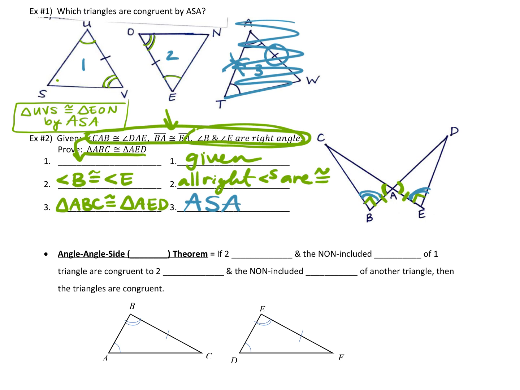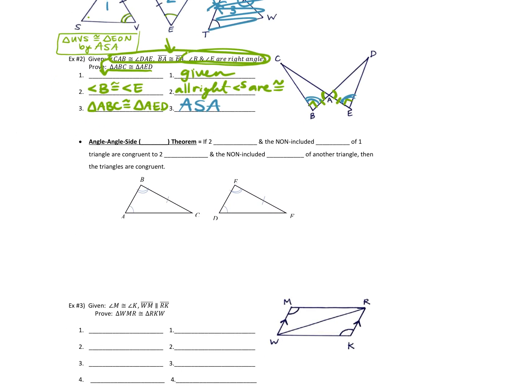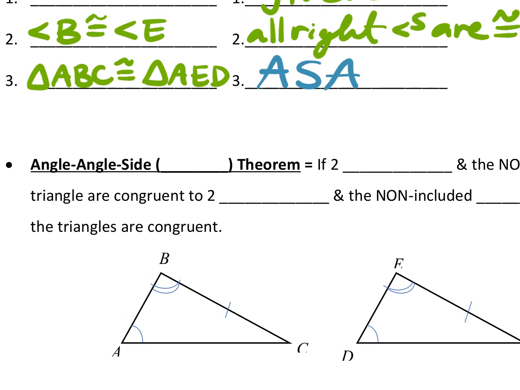Okay. Then the next one. And this is where I feel like it gets a little bit tricky for some, just because of what things look like, the difference in our pictures. So this one is angle, angle, side. Notice your S is no longer between your A's.